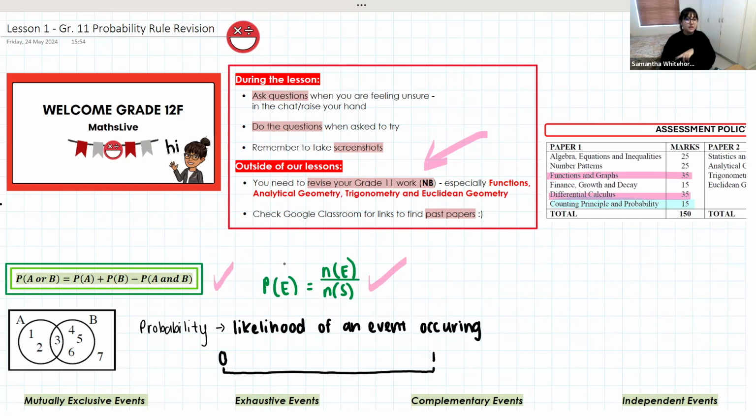Because if it's greater than 1, it means that there's more than 100% chance of something happening, which is not possible. It either is certain or it's not. And if you get less than 0, then you're saying there is a less than impossible chance of something happening, which also is just not possible. So your probability exists on a scale between 0 and 1.